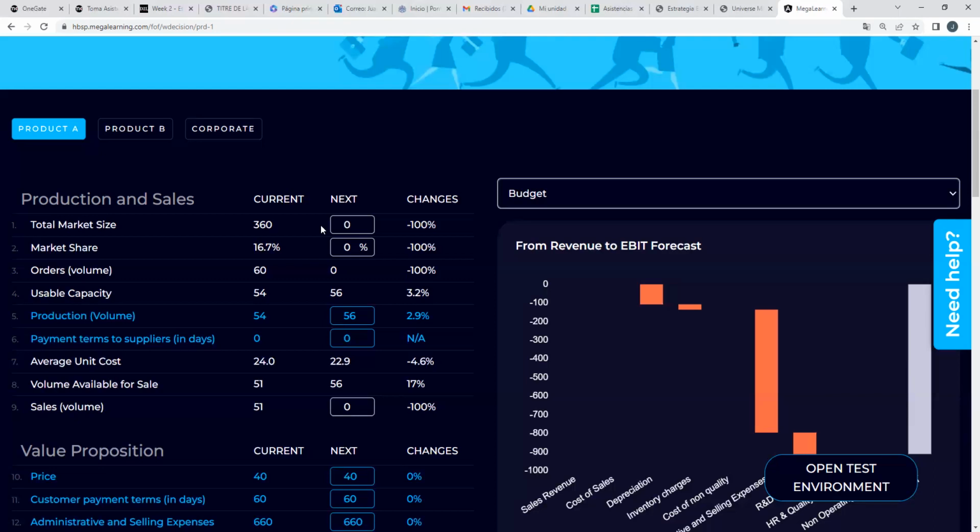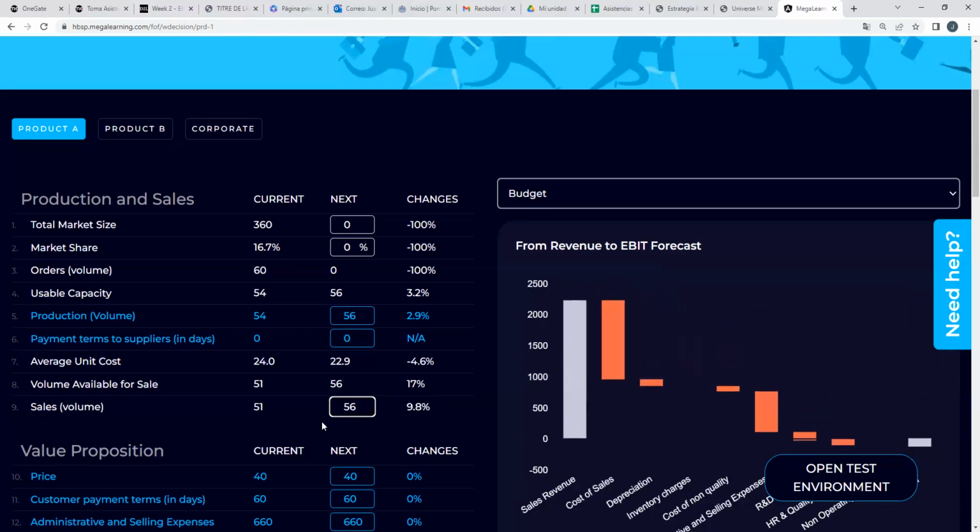No? For example, look guys, I am going to put here one huge number. Yes, I'm going to put here 1000 and I click enter and the simulation gives me this maximum number of 56. So what does this mean? This means that in the previous round I sold 51 units of product A and now I can sell 56 maximum.